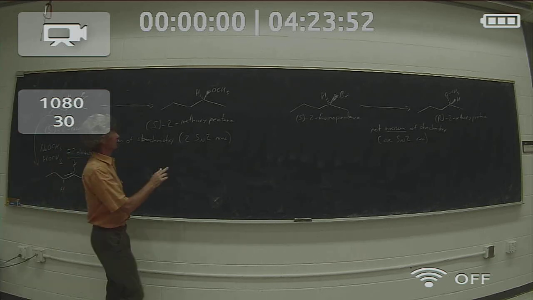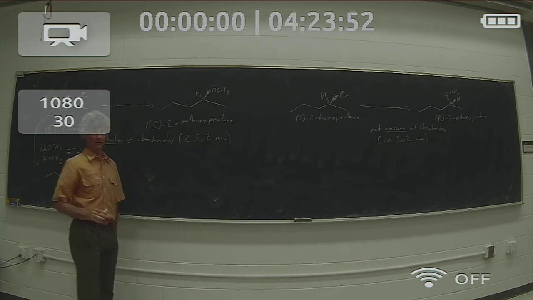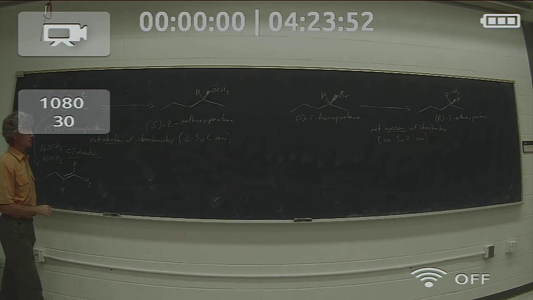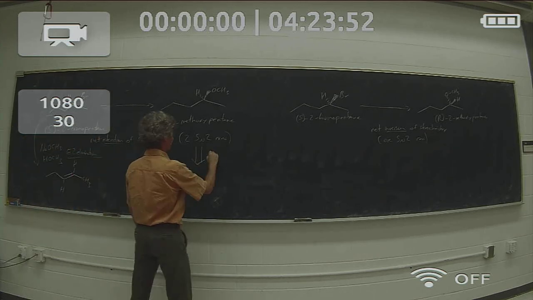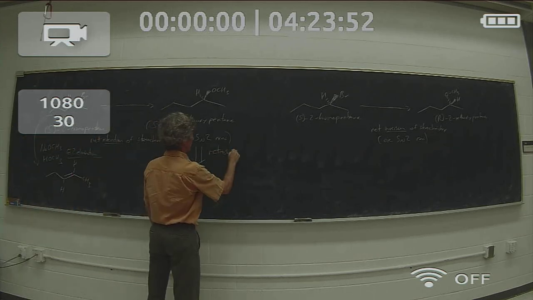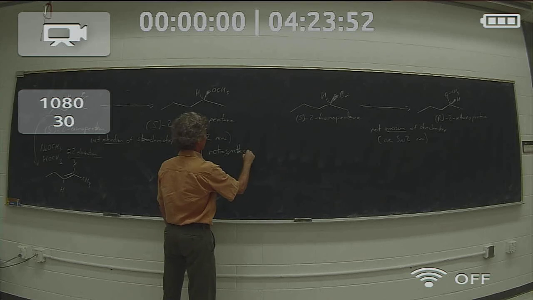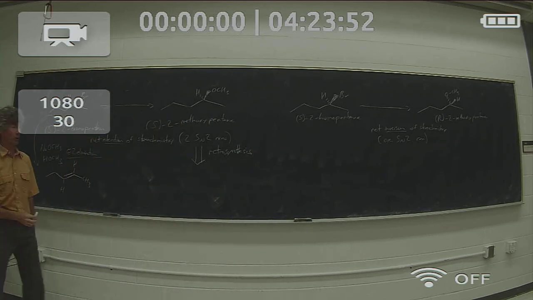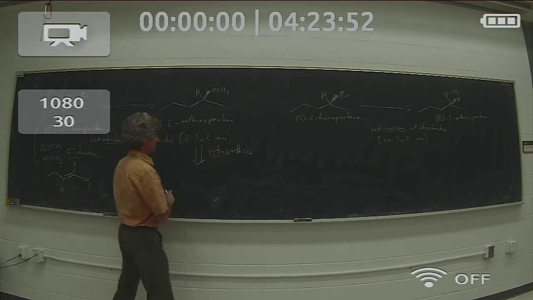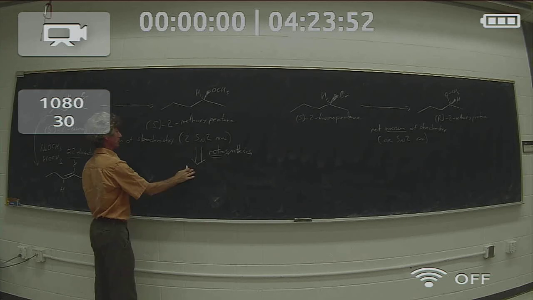The alternative way to synthesize this methyl ether, if we work backwards, and an arrow like this, with the two lines on the arrowhead, is often used for what we call a retrosynthesis, working backwards from the product to a starting material.